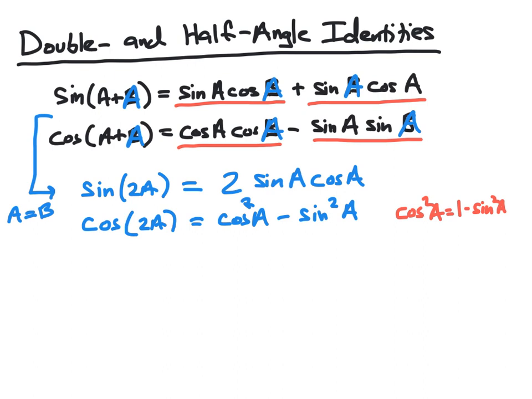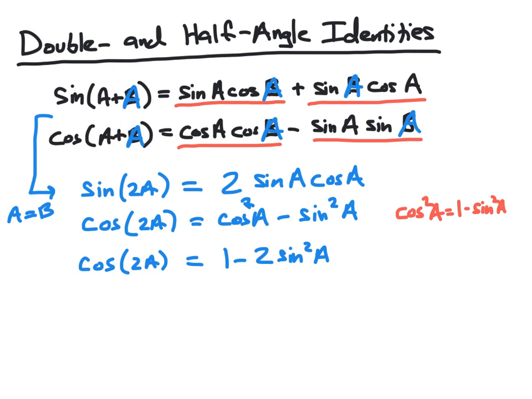This is using the standard Pythagorean identity. If this is then substituted into the cosine of 2a formula we have here, we obtain another formula that, when simplified, gives us 1 minus 2 sine squared of a. So this is another version of the double angle formula for cosine.